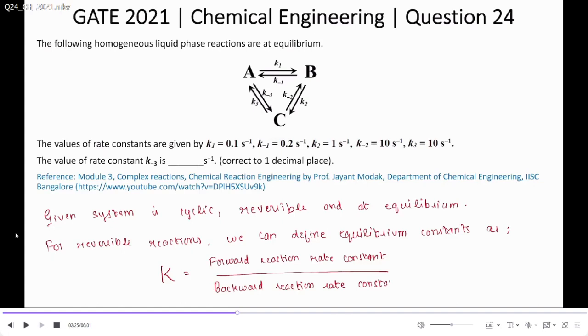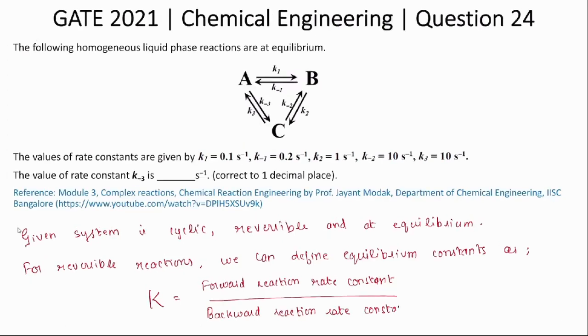So capital K is basically the ratio of the forward reaction rate constant to the backward reaction rate constant. For example, if we take the system A reversibly gives B, this equilibrium constant capital K1 will be small k1, the forward reaction rate constant from A to B, by k-1, the backward reaction rate constant from B to A. In such a fashion, we can define the equilibrium constants for all three reversible reactions.